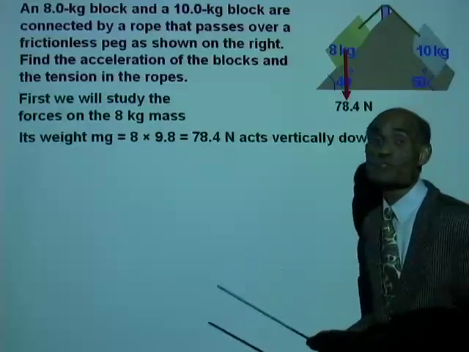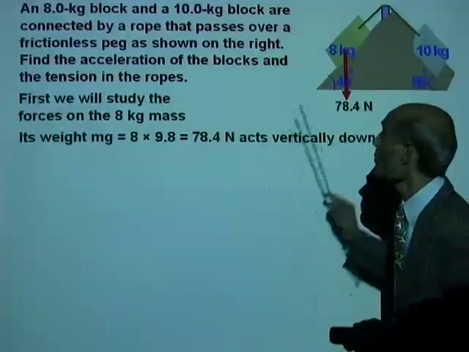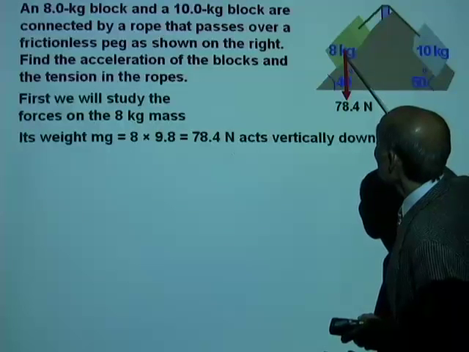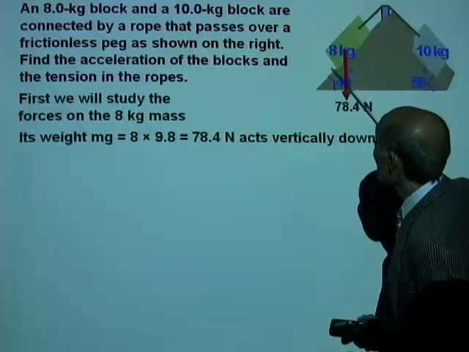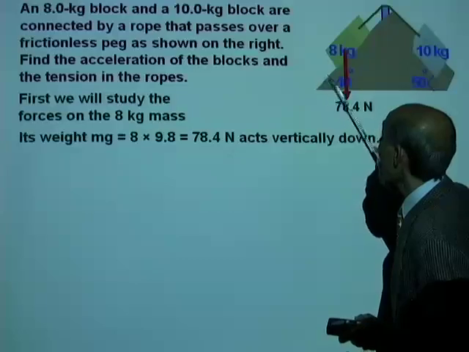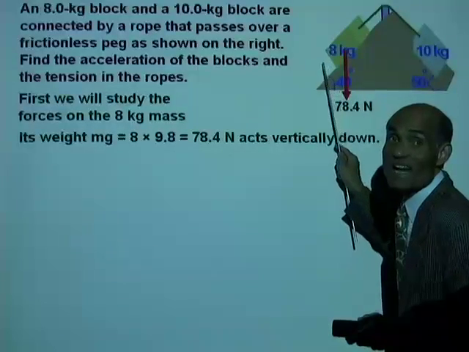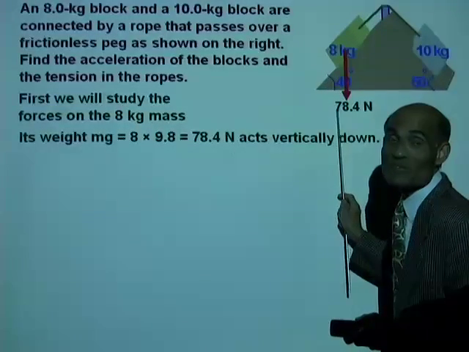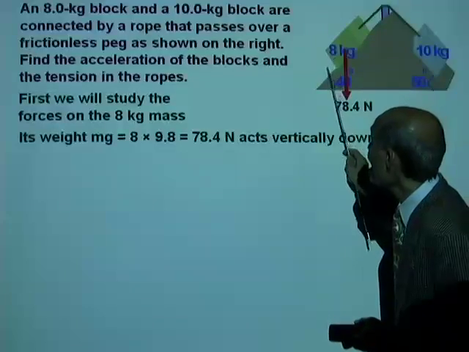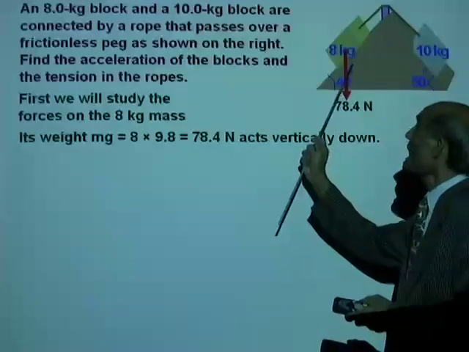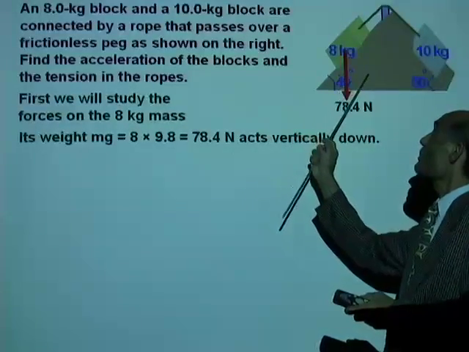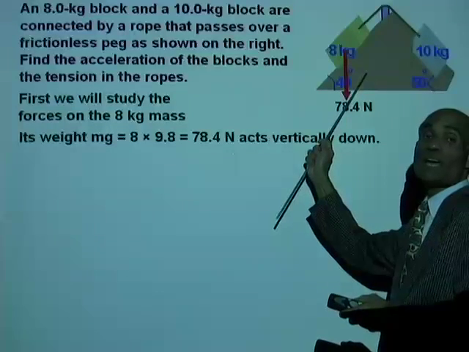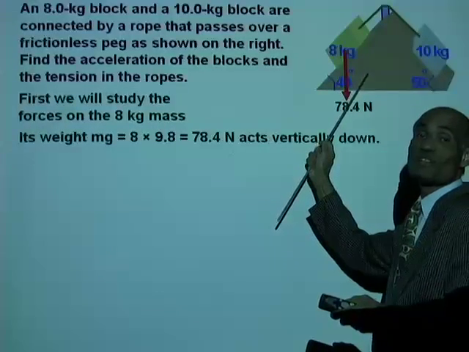Alright, what are the two components of that force? A component of that will be pulling the box down the plane. That will be mg sine theta, 78.4 sine 40 degrees. And the force pressing the block will be mg cos theta.